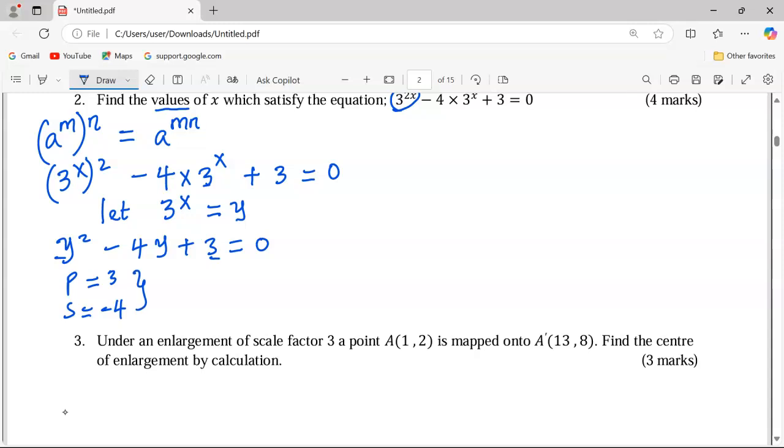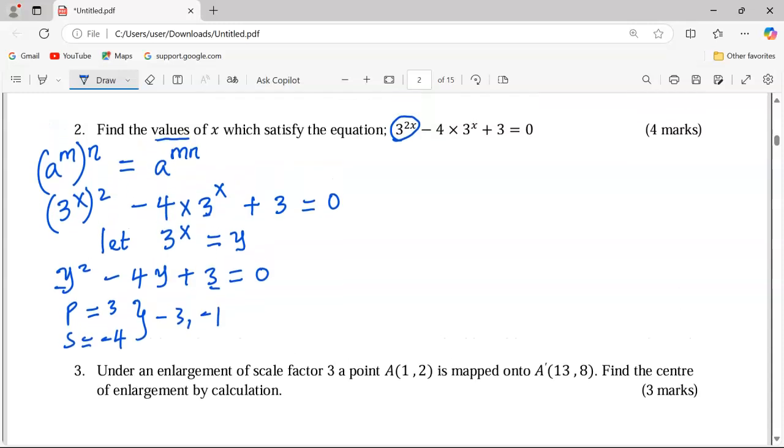Two terms which when multiplied give us 3, and when added give us negative 4: negative 3 and negative 1. So at this point we can write y squared, instead of negative 4, we have negative 3y minus y plus 3 equivalent to 0.